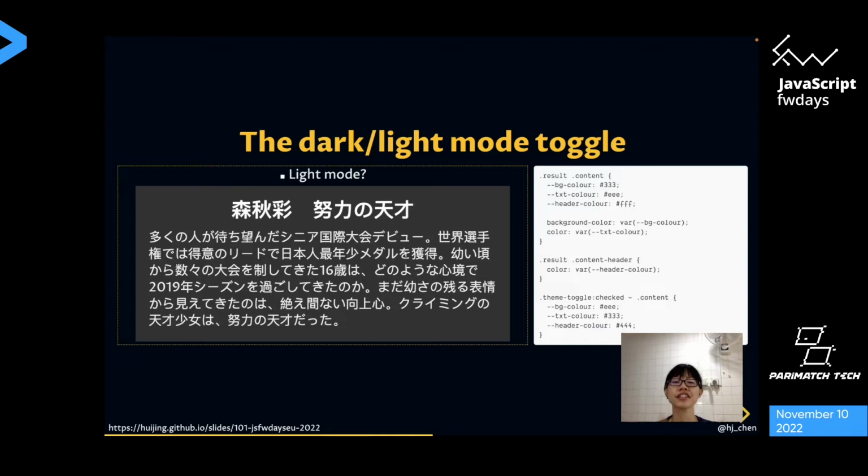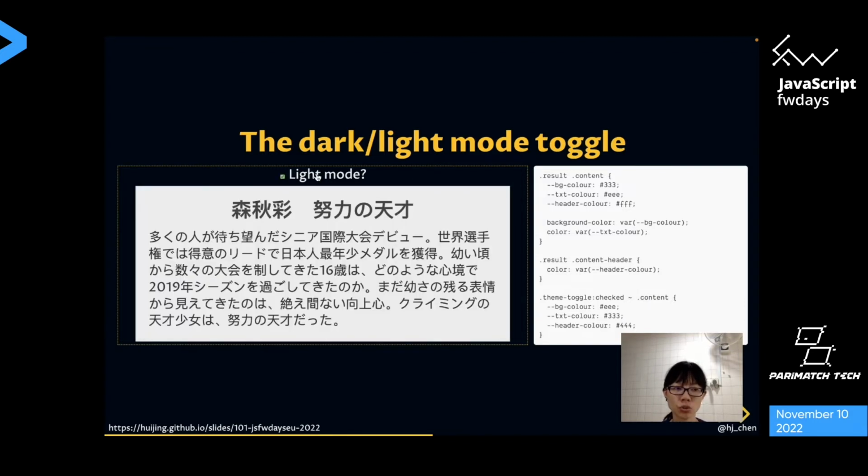But the idea here is that your theme colors are stored in CSS variables so that when the toggle is checked like so, the variable values can be updated accordingly without having to override the original properties set on the elements.